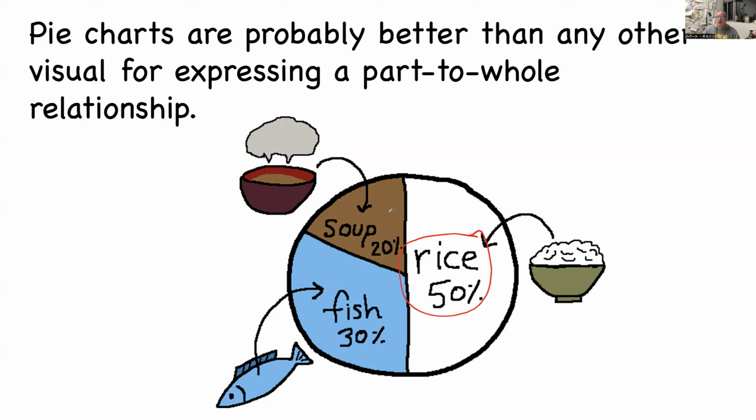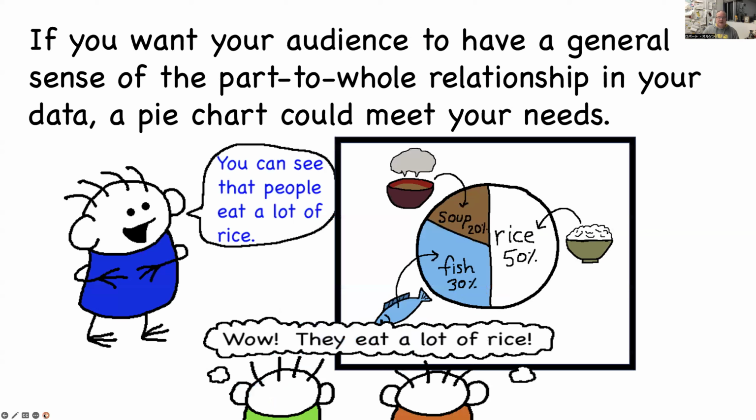So pie charts are probably better than any other visual for expressing a part to whole relationship. In other words, which one is biggest, which one is smallest, pie charts are the best. If you want your audience to have a general sense of the part to whole relationship in your data, a pie chart could meet your needs.